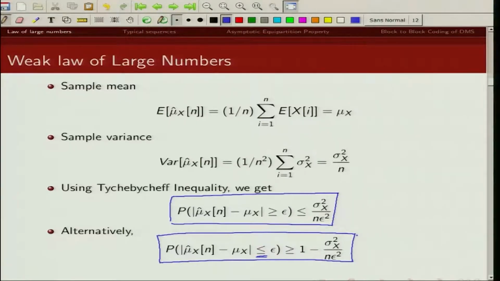And here, if I let n tend to infinity, then what I get is that the probability that the absolute difference between mu hat of x and mu x is less than some small value epsilon is almost equal to 1.